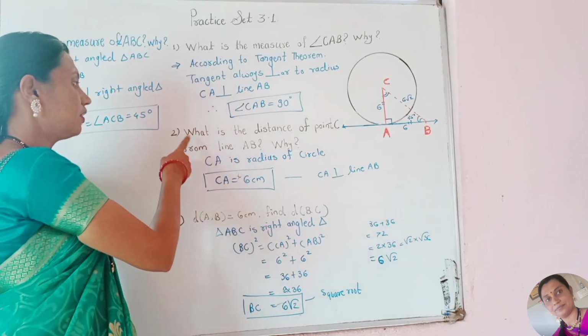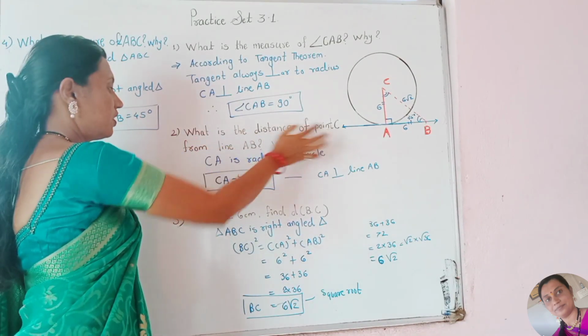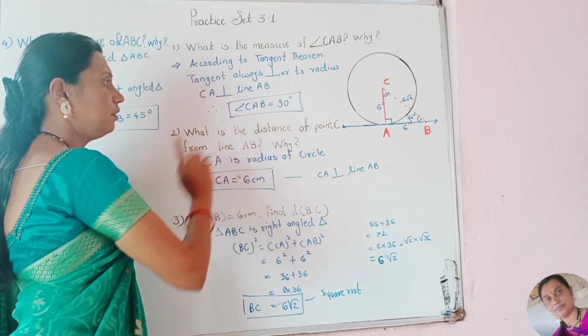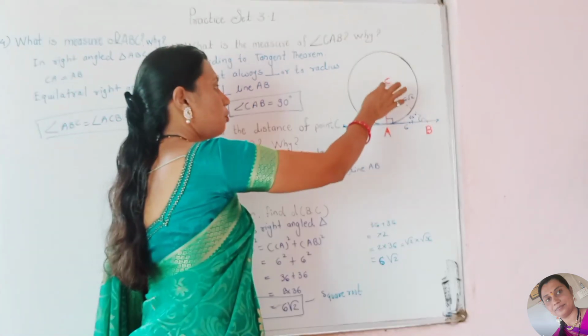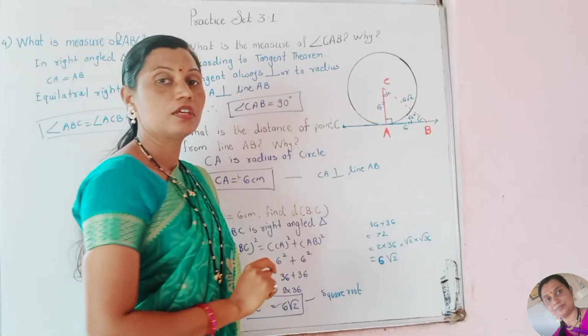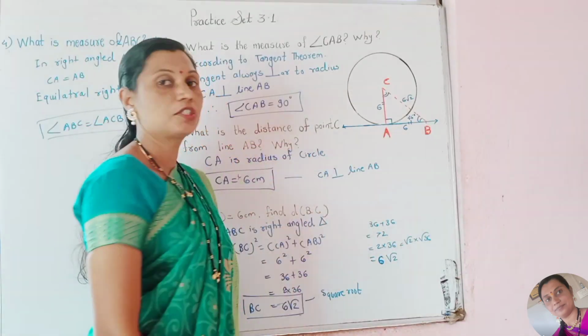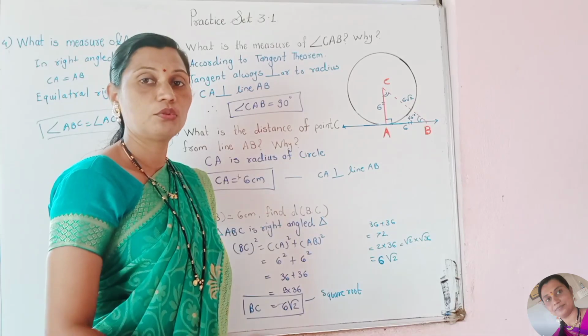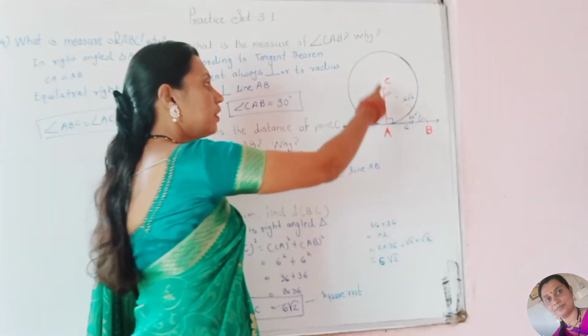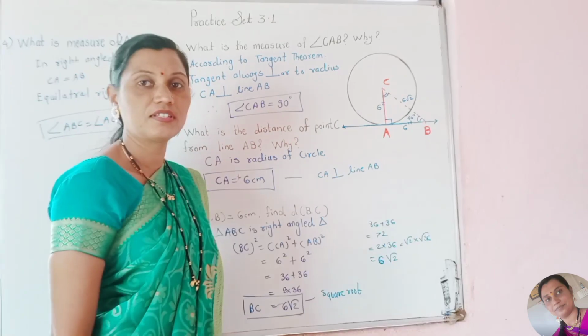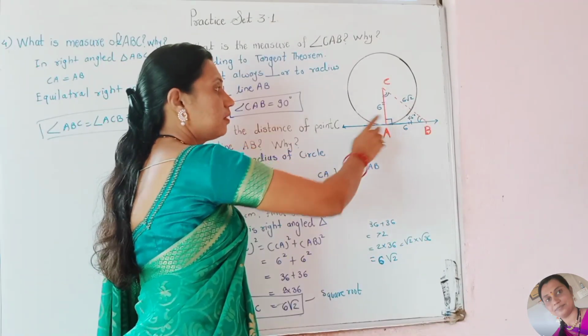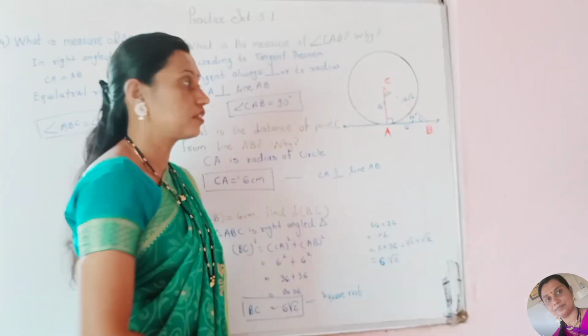Next, what is the distance of point C from line AB? If we have to find the distance between C and A, we have to draw a perpendicular. Here a perpendicular CA is already drawn, but CA is nothing but the radius of that circle.